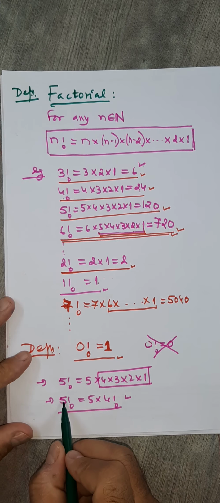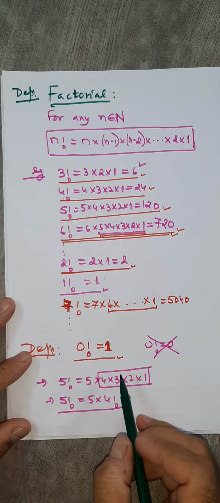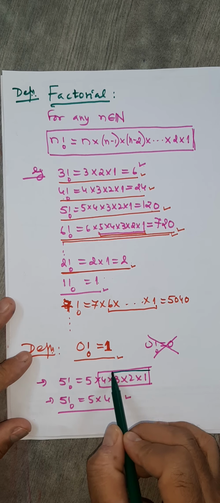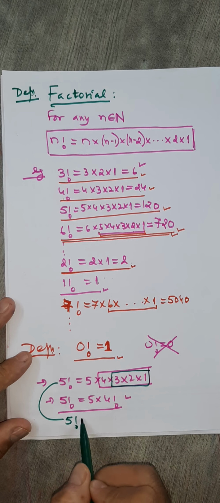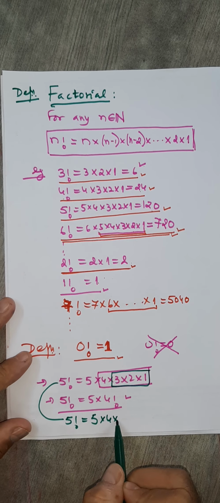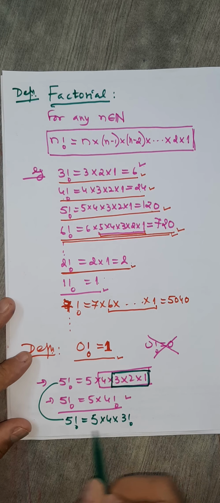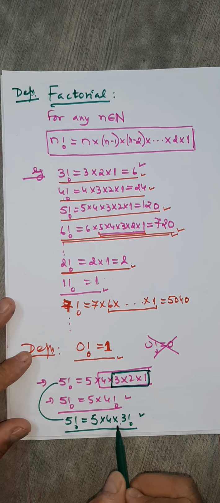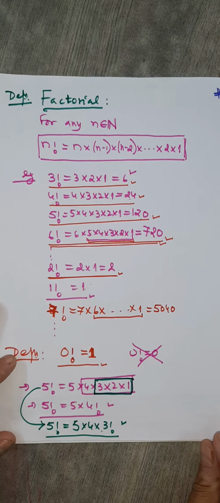You can do it this way also: if I take only the last 3 terms, 5 factorial equals 5 as it is, 4 as it is, and 1, 2, 3 is nothing but 3 factorial.